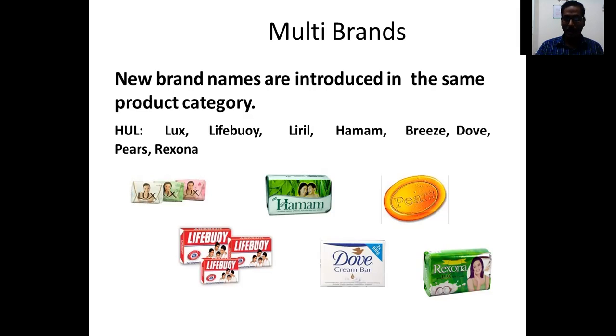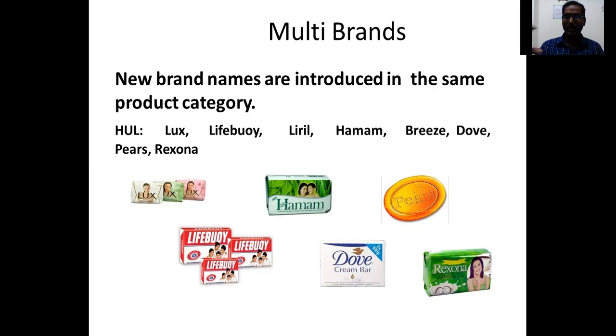Then we have Hamam, then Pears, then Lifebuoy, and then Dove cream soap, then Rexona. Under the same product category, all are soaps, but different brands under one company, under the umbrella of Hindustan Unilever. So it is different brands under the same product, that is soap.